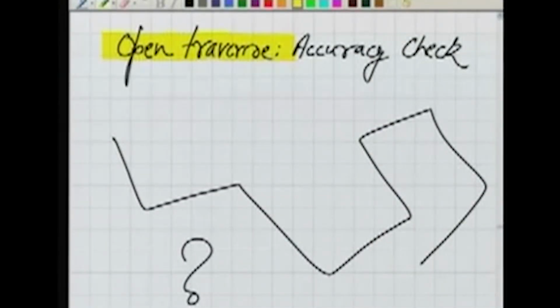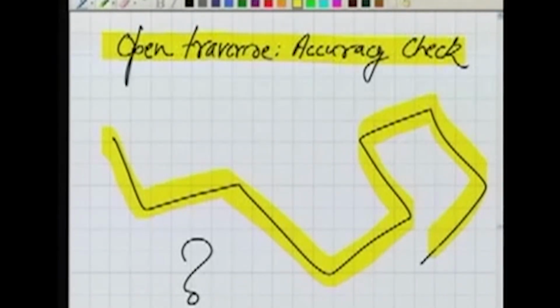Well, going back now, in case of the open traverse, is there any way we can apply the check? No, there is no control on this open traverse, so we cannot apply a check. Because of this, generally the open traverse is not preferred. We should try to do some kind of checks there. Even if we need to do the open traverse, we can do some intermediate checks.